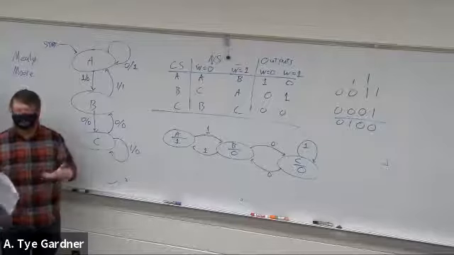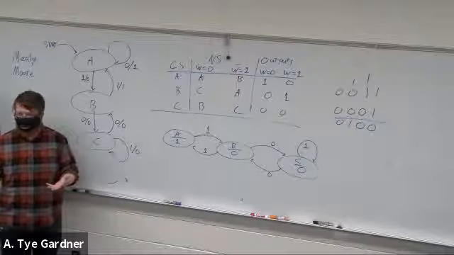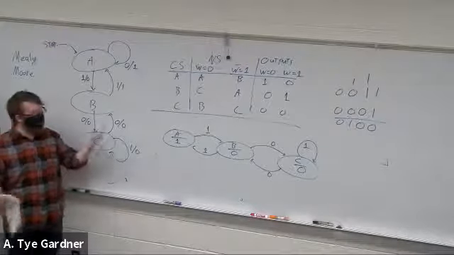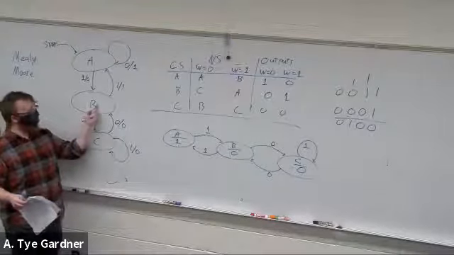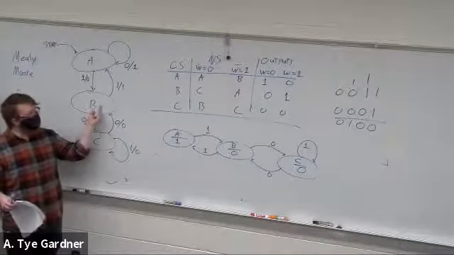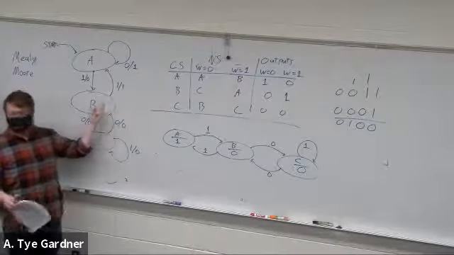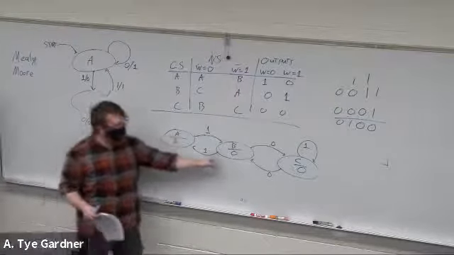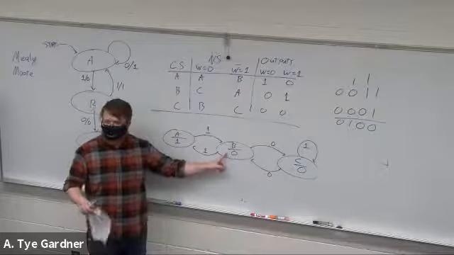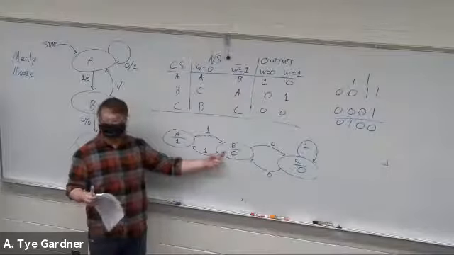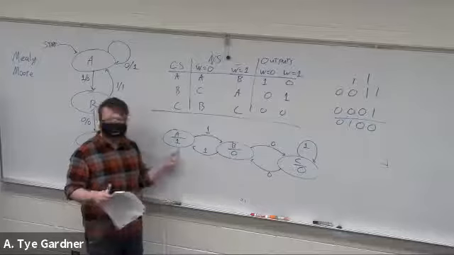Because my output is determined by combinational logic. And so if my combinational logic says if I'm in B and I see a 1, assert 1, that could happen instantly, right? Whereas here, if I'm in B and then the input changes to a 1, nothing happens until the next clock cycle allows me to move back to A.